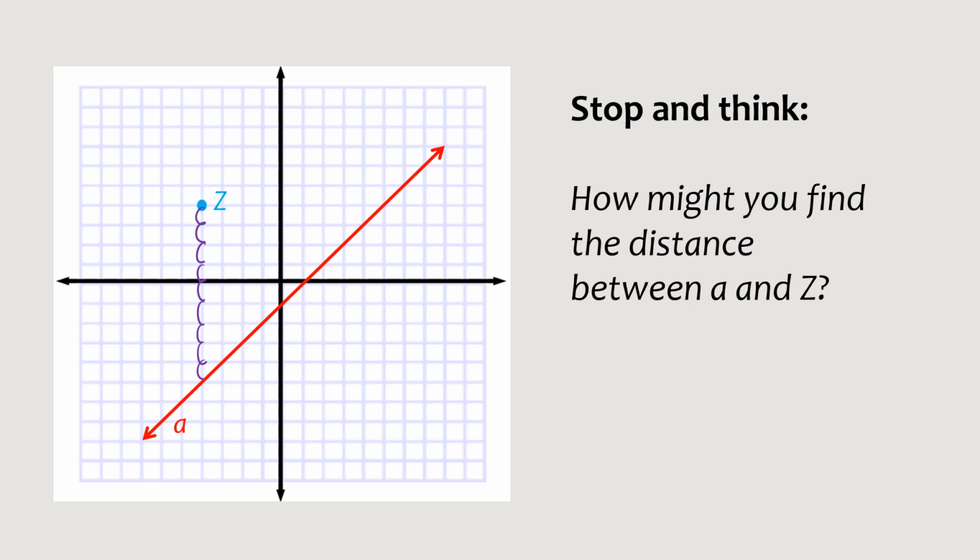So we could do that, perhaps. You might go the other direction, though, right? We could go to the line from point Z along our horizontal grid lines. And does that come out to the same answer? I think it does in this case, but I'm not sure it always would.